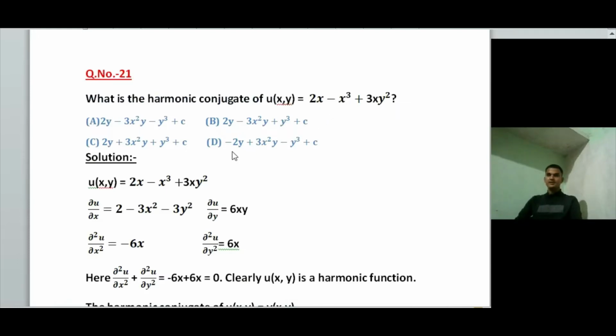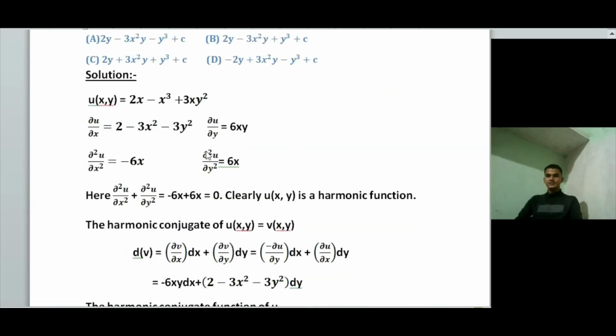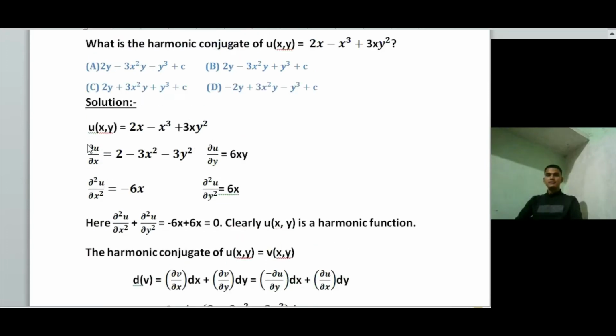Okay, so first we have to find out the first order partial derivative. With respect to x, the derivative of this is 2, and 3x square, and 3y square is constant here, derivative of x is 1. And this is del u by del y.